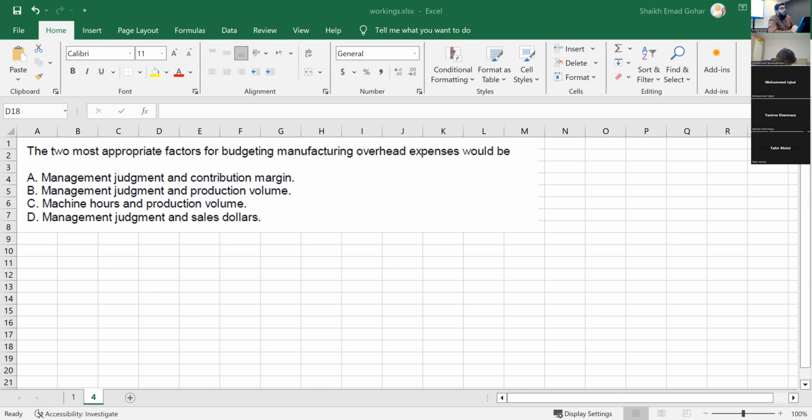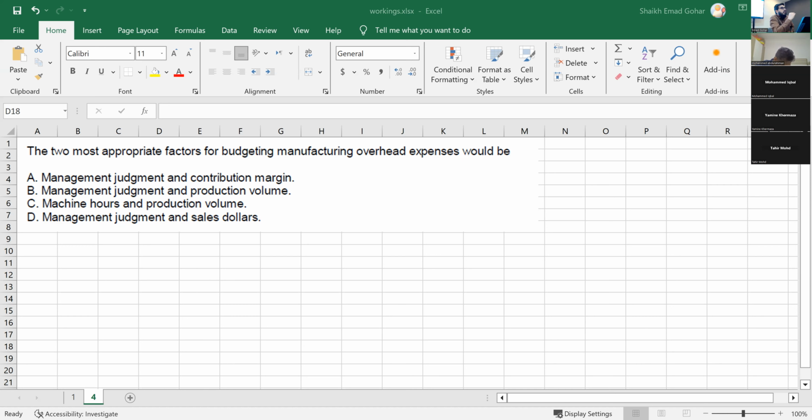So the most important factor you should remember, and we already did this in absorption costing, is that when we do the reconciliation between absorption costing and variable costing, we calculate a rate, and that rate is called the budgeted overhead rate per unit. Remember, per unit.